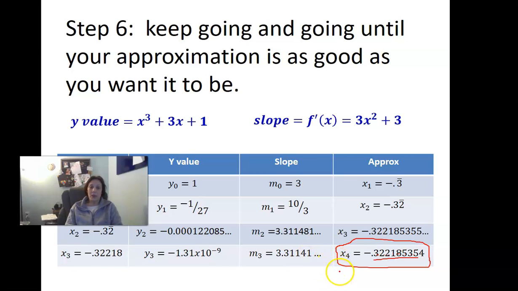So, okay, the best thing you can do for yourself is practice this to make sure that you have a system for organizing yourself and not getting lost in this. Again, this table is kind of my system. It works for me, but if you have a different way to write it that works for you, by all means use it, as long as you are making clear to whoever is reading it where you're getting your y values, where you're getting your slopes, and then where you're getting your approximations from.